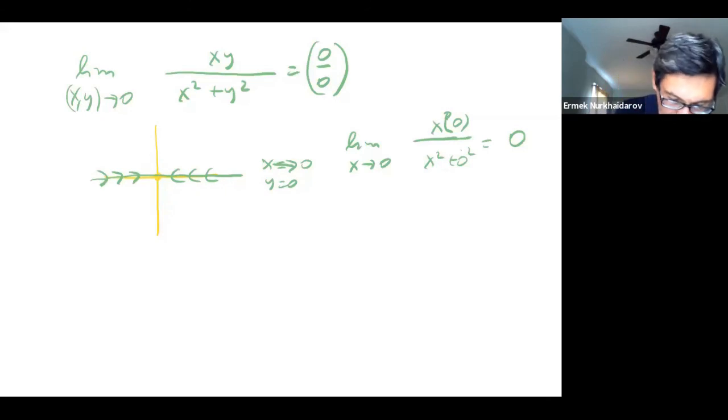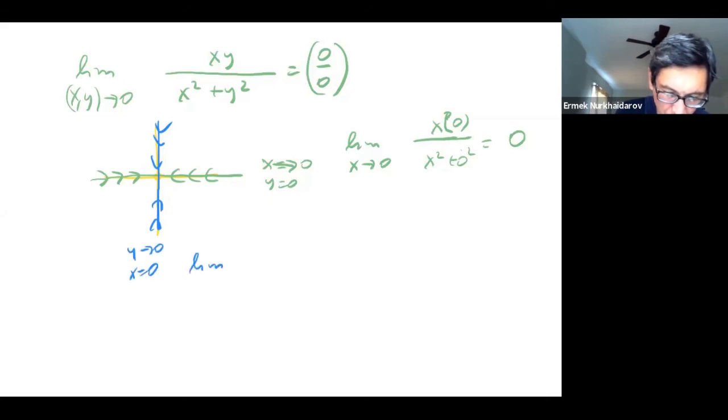Okay, now let's do the blue path. Approach it from above and below. So that is y approaching 0, x equals to 0. So we're going to get limit as y approaching 0, x times y with x equals 0, over 0 squared plus y squared. So we're going to get 0 over y squared, so we're going to get 0.